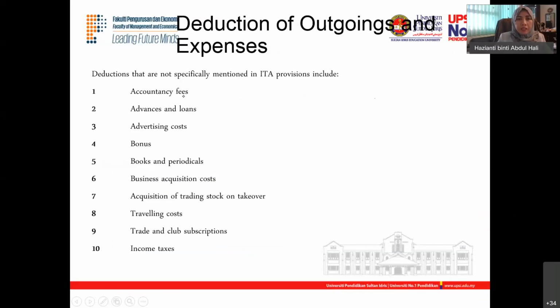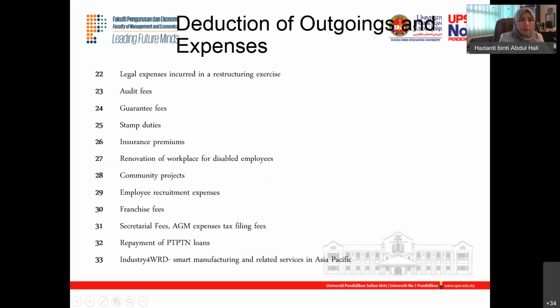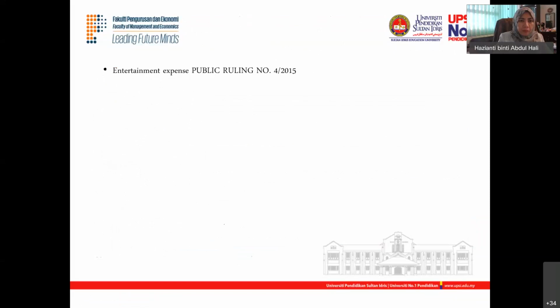So these are the deductions, boleh tolak, but it is not specifically mentioned in the Income Tax Act. So accountancy fee, advance and loan, advertising cost, bonus, ini semua boleh tolak. Travelling cost, income tax, trade and club subscriptions, clothing and tool, banyaklah, consumable aids, damages, defending capital asset sampai mana dia?